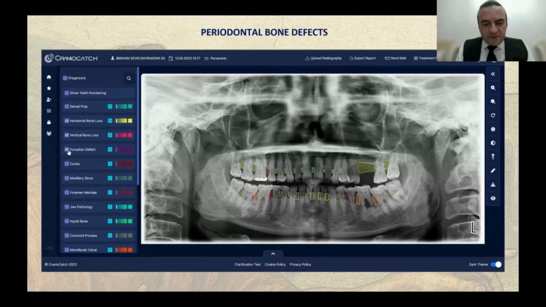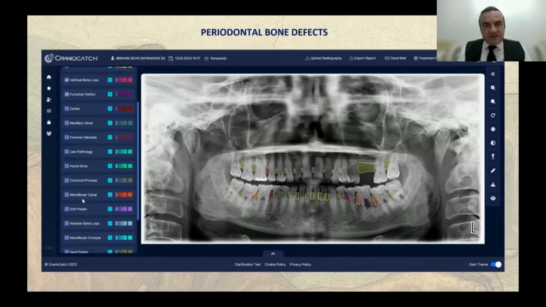For periodontal bone defects, as I mentioned, nowadays we are working to understand AI decision support systems from 2D and 3D imaging modalities. Moreover, we are working on how we can visualize 3D, 3-wall periodontal defects out of 2D images.